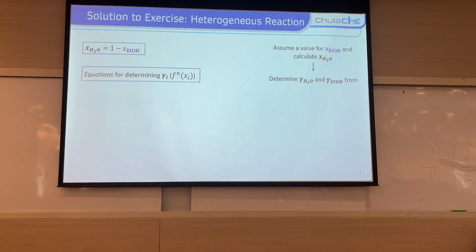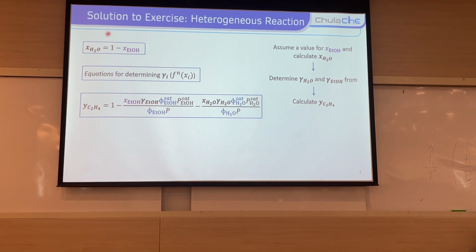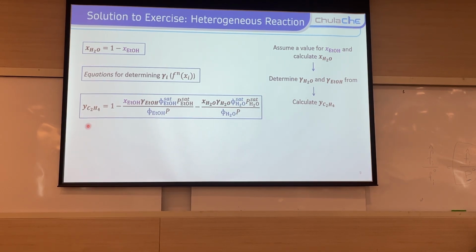So first you assume the initial guess value of the mole fraction of ethanol. Then you can calculate the mole fraction of water. And with both mole fractions of ethanol and water, you can calculate the activity coefficients of water and ethanol. Then you can substitute all of them back into the equation of the mole fraction of ethylene here.